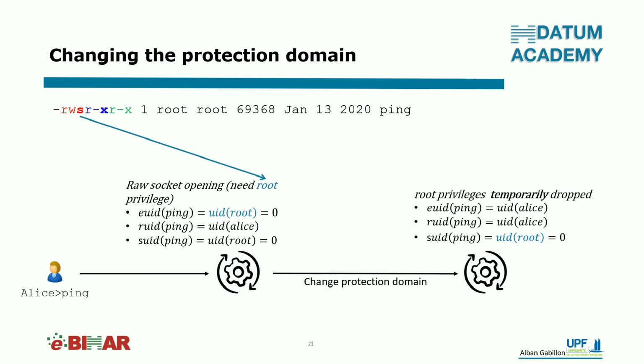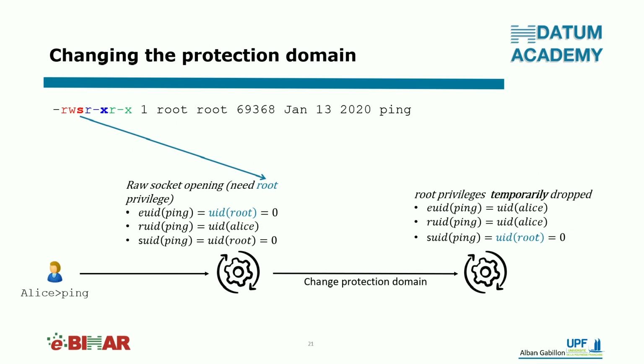Now, let us suppose that Alice runs the ping command. The effective UID of the created process is the UID of the root user, since the setUID flag is set. Now, Alice created the process, so the real UID of the process is Alice's UID. If the ping command has been designed according to the least privilege principle, it should drop root privileges when it no longer needs them.